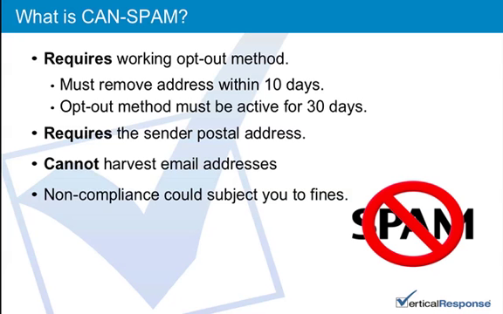The CAN-SPAM law says that you can't harvest email addresses. Again, VerticalResponse doesn't allow these types of addresses to be mailed through our system. But just so you know, that isn't something that you can use when you're sending out your emails. And of course, there are fines that can be enacted if you are breaking the CAN-SPAM law. It's $11,000 plus any other fees that the FTC feels like they want to impose.